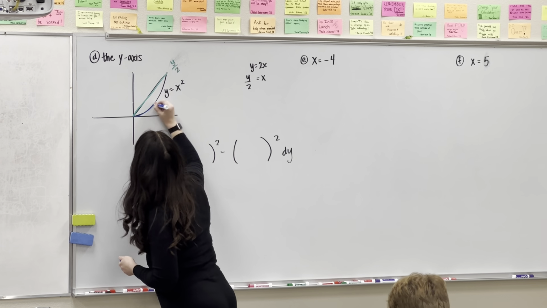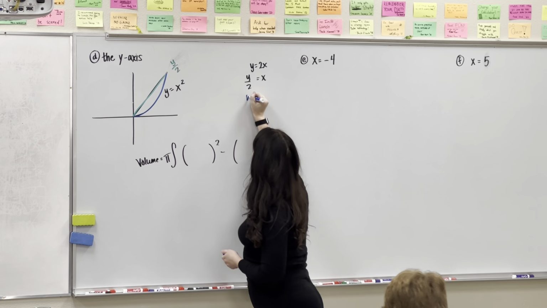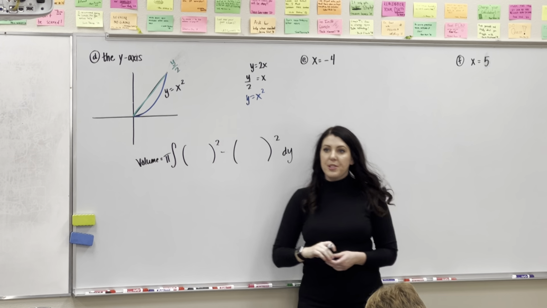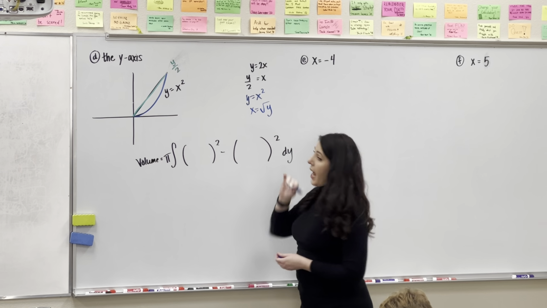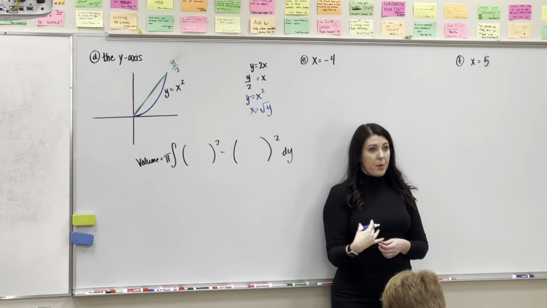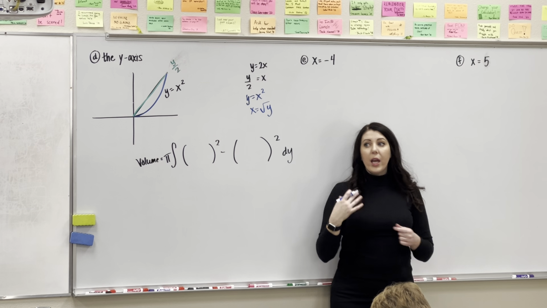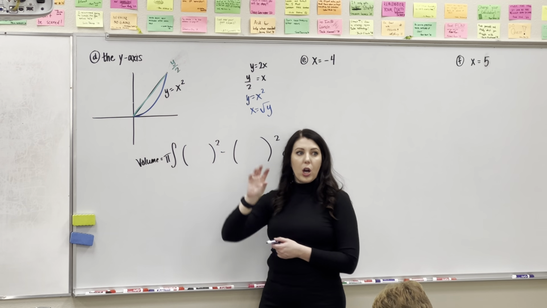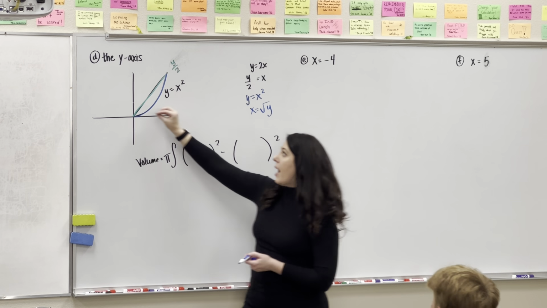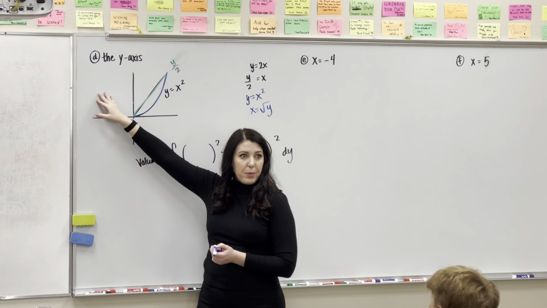Okay? We also need to figure out the other equation. So this was y equals x squared. If we write that in terms of x, it would be x equals what? Square root of y. Now technically when you take a square root, you get a plus or a minus, right? But we are only including the plus because we're only in a place where x is positive for our specific bounded region. If we had it over here, it would be negative the square root.